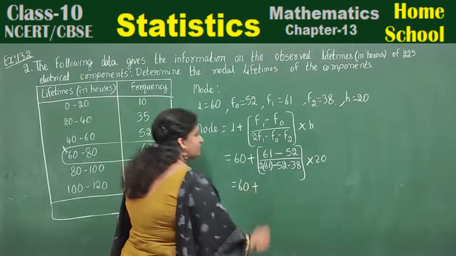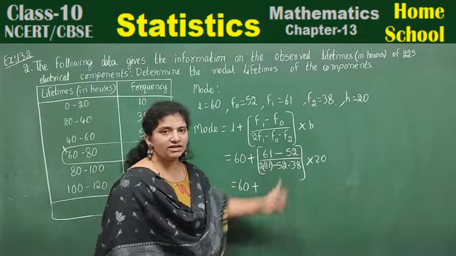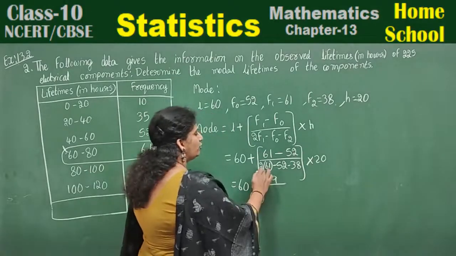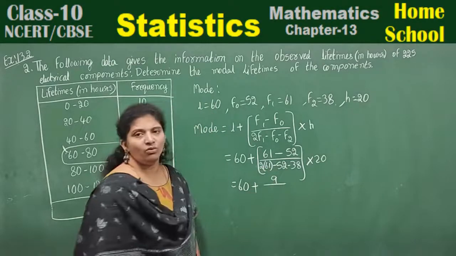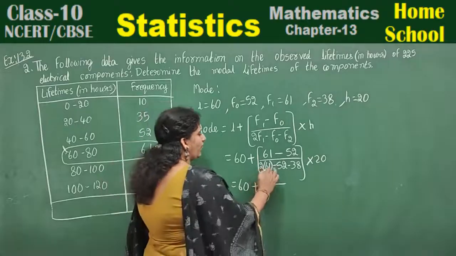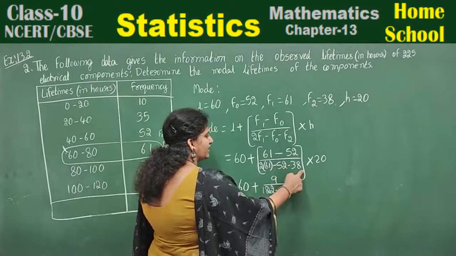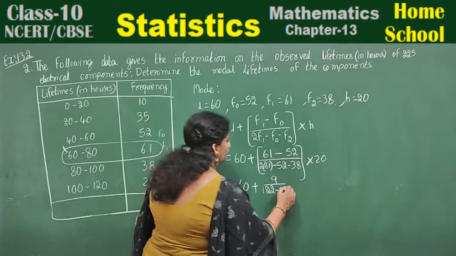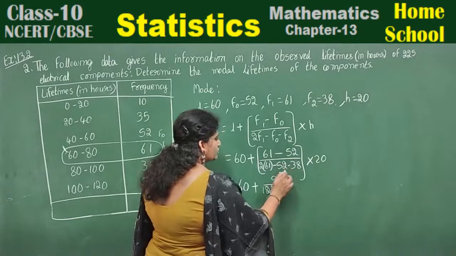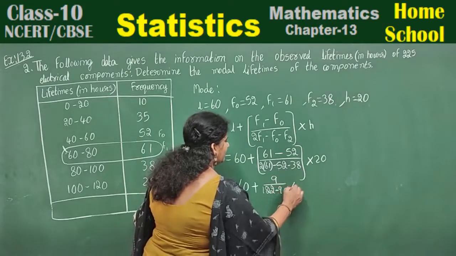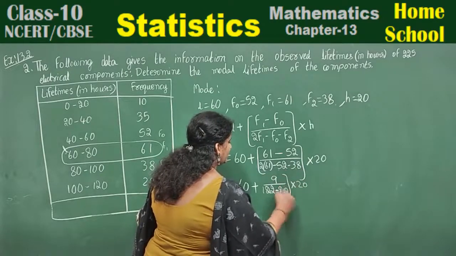60 plus this one, 61 minus 52 will be 9, by 2 into 61, it will be 122. 122 minus 52 minus 38, what happens? 52 plus 38 is 90.